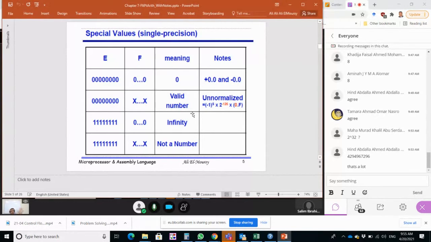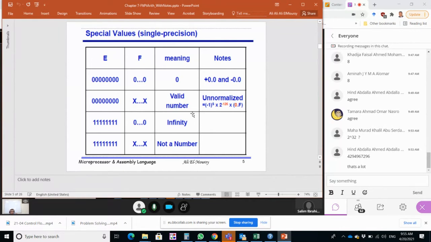For integers, I'm using all of the combinations, for the numbers from minus 2 to the power 31 to positive 2 to the power 31 minus 1. For the single precision, not all of those 4 billion are used, but I still have much better utilization of the different combinations of ones and zeros. I have a much bigger range of values when I represent the number in floating point.